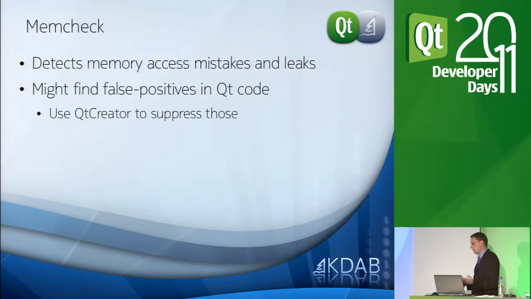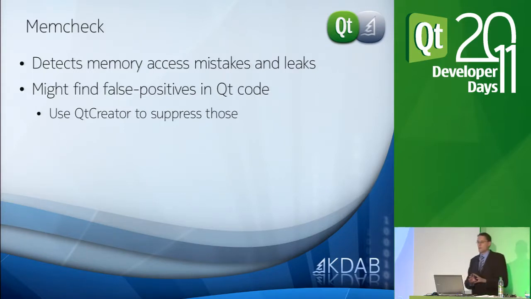Luckily, if you use the integration in QtCreator, that takes care of filtering out all the false positives created by Qt code already. Creator also allows you to create custom suppression files, which you can use together with Callgrind. And of course, you can create your own suppression files for just the Qt noise.